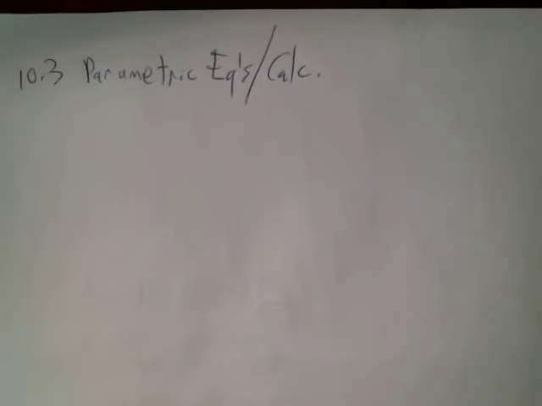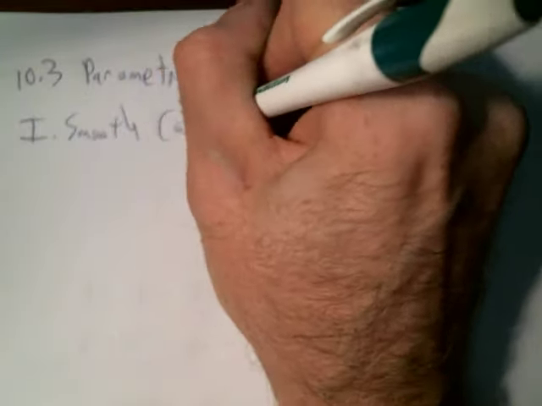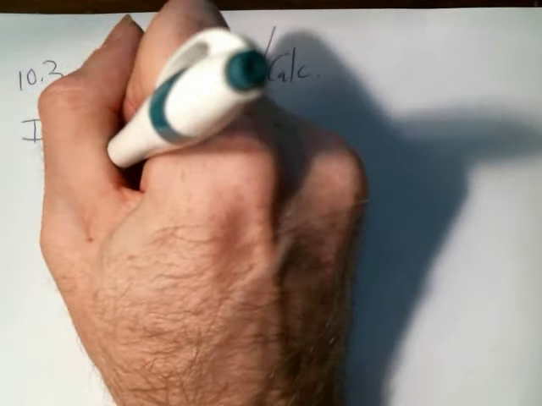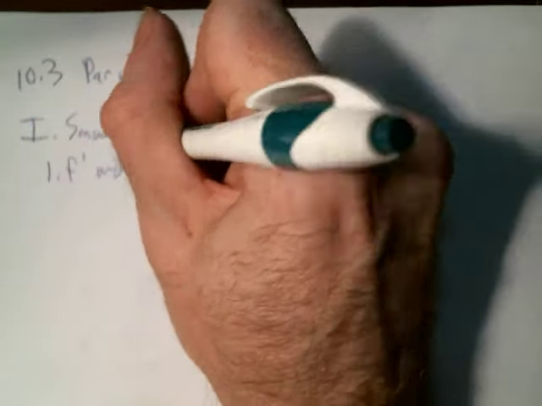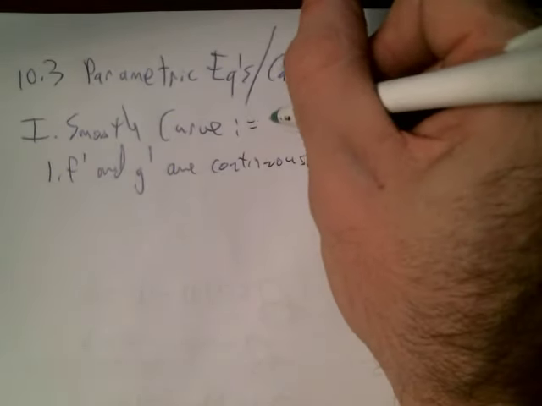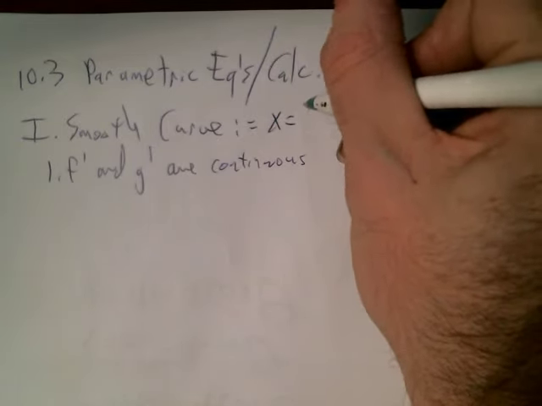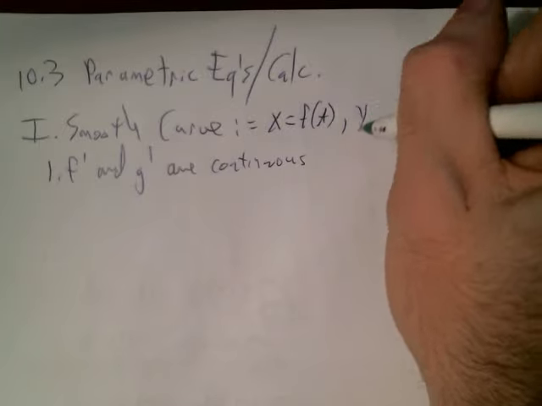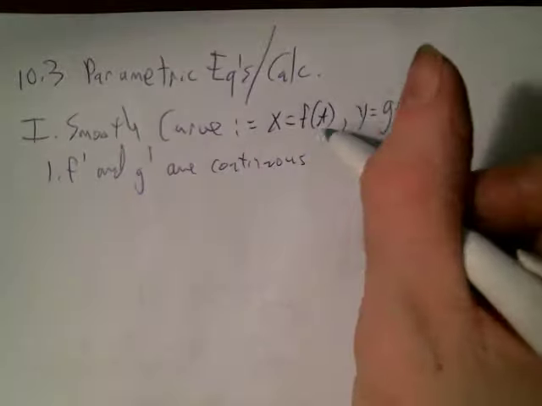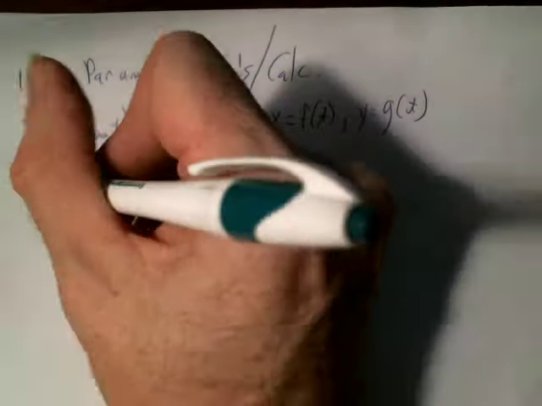Okay. All right, so first we deal with smooth curves. So to be smooth again, f prime and g prime are continuous. Okay. And I should note that in our formulas now, x will equal some function f of t, and then y we're calling the g function of t. So the derivative, the x slope and the y slope, if you want to think of it that way, are continuous at the points.